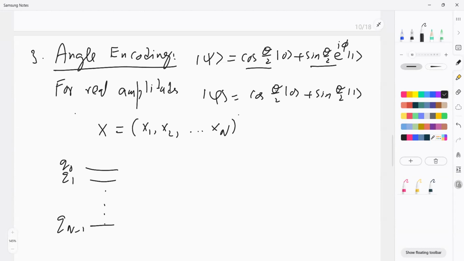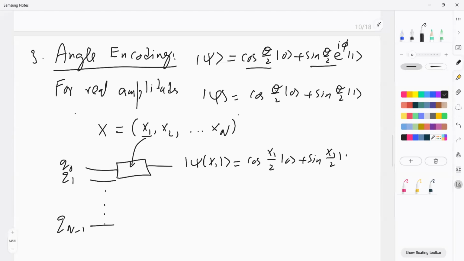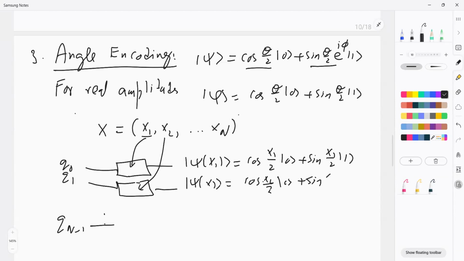And then what I do is that for this qubit, I somehow encode x1 and prepare a state cosine x1 over 2 |0> plus sine x1 over 2 |1>, and for the second qubit I somehow encode x2 and prepare this qubit in a state cosine x2 over 2 |0> plus sine x2 over 2 |1>, and so on.